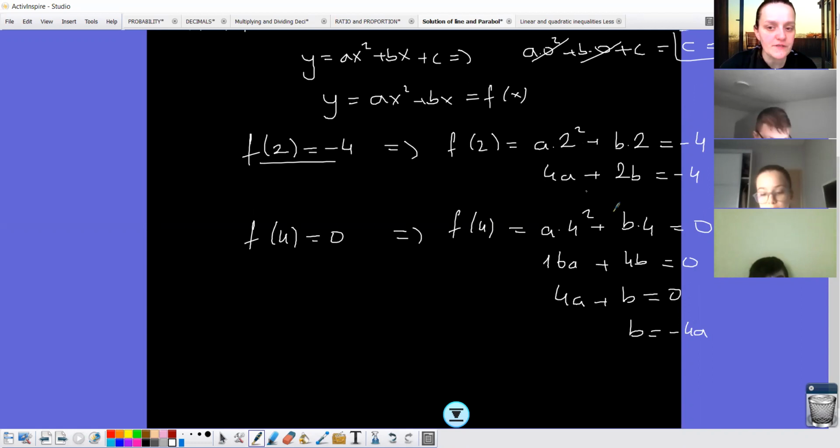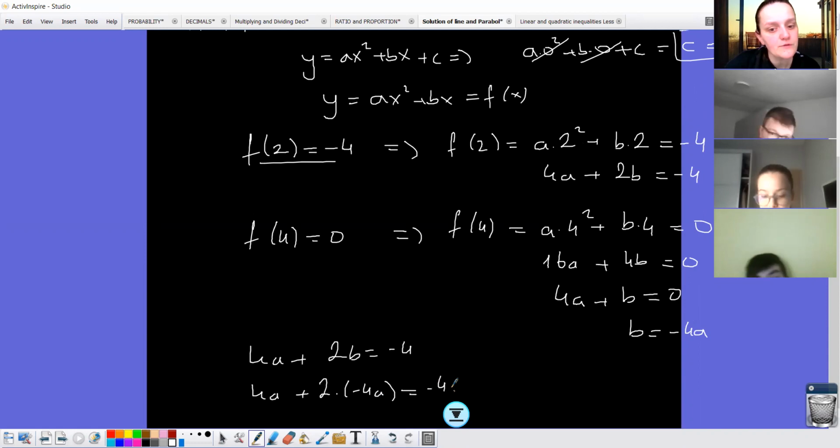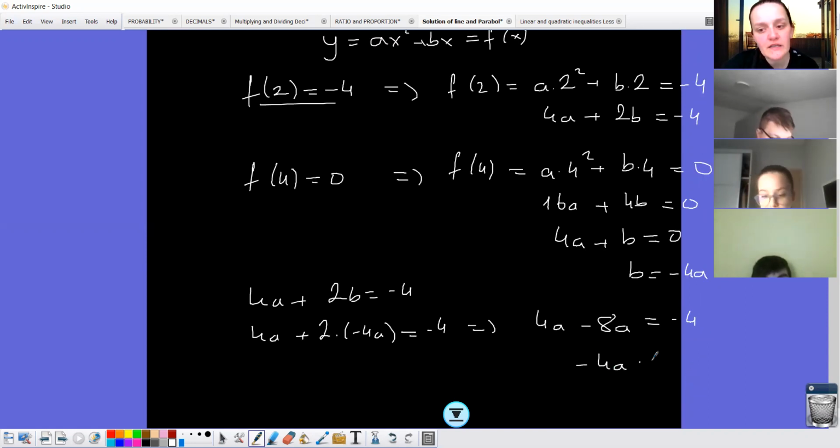And I'm taking the first equation, 4a plus 2b is equal to minus 4. 4a plus 2 times minus 4a equals minus 4. Then 4a minus 8a is equal to minus 4, so minus 4a is equal to minus 4, and a is equal to 1. We found a.